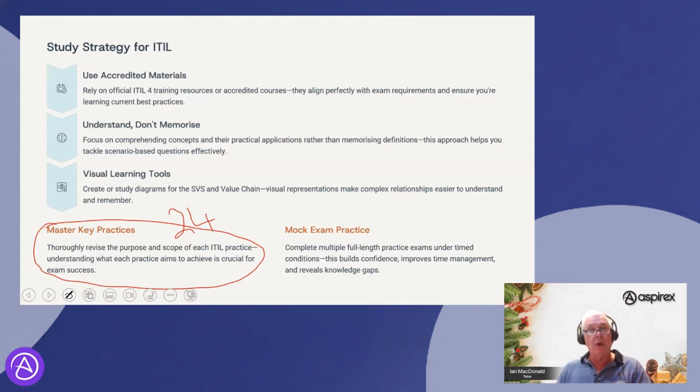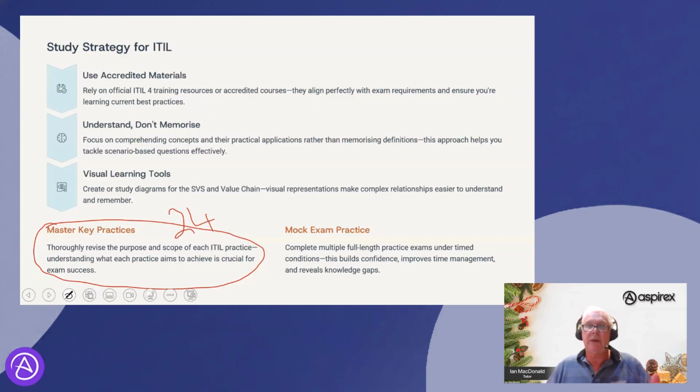Even if you got them all right, it's still not enough to hit that magic 26. But a key core amount of questions are going to be on the practices. So having a really good understanding of the practices, and being able to recall the purpose of each practice, is going to be really important, because that's where the bulk of your marks are going to be.